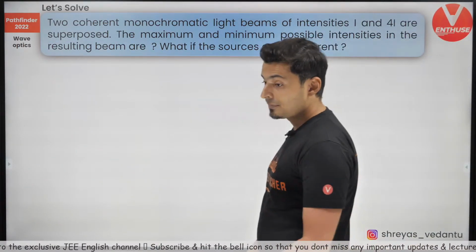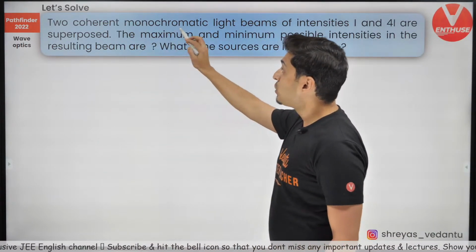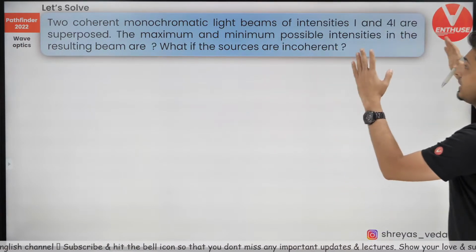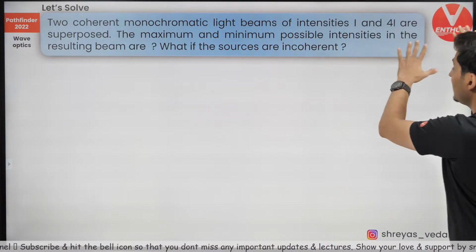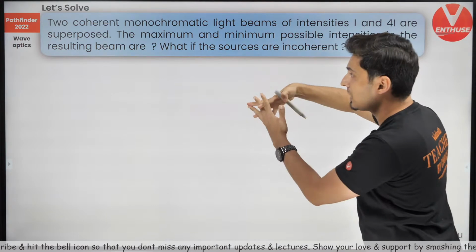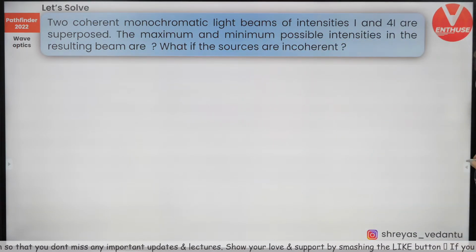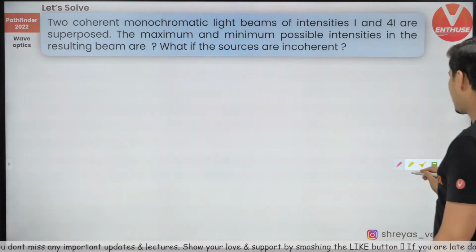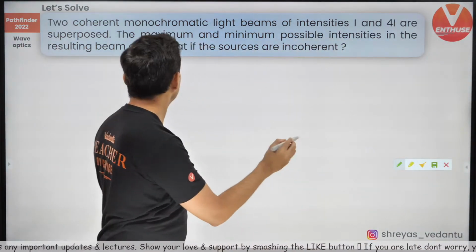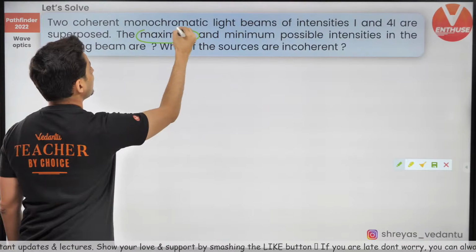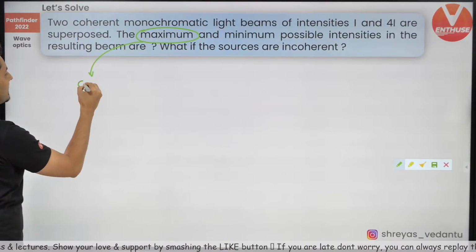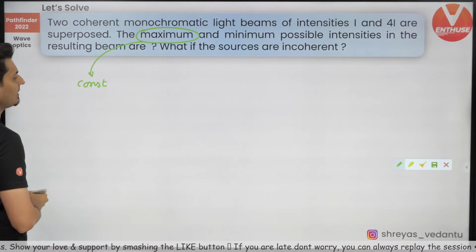Option C was correct. Now, two coherent monochromatic light beams of intensities I and 4I meet, superimposed. The maximum and the minimum possible intensities in the resulting beam are. Let's try to do this. First, let's go to the maximum. When I'm talking about maximum, that means I'm talking about constructive interference.